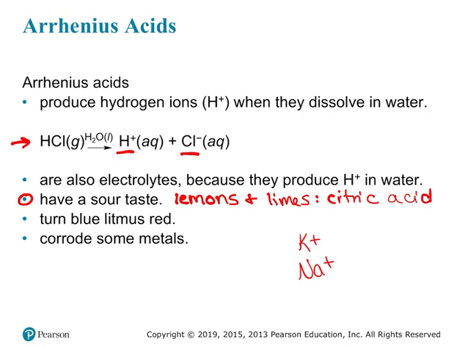Litmus paper can help you determine whether something is acidic or basic by changing color. With an acid, litmus paper will turn red. We'll talk more about that later. Additionally, acids can corrode certain metals. There are some metals that aren't affected by acids, like silver and gold, but most metals can be broken down with acids.